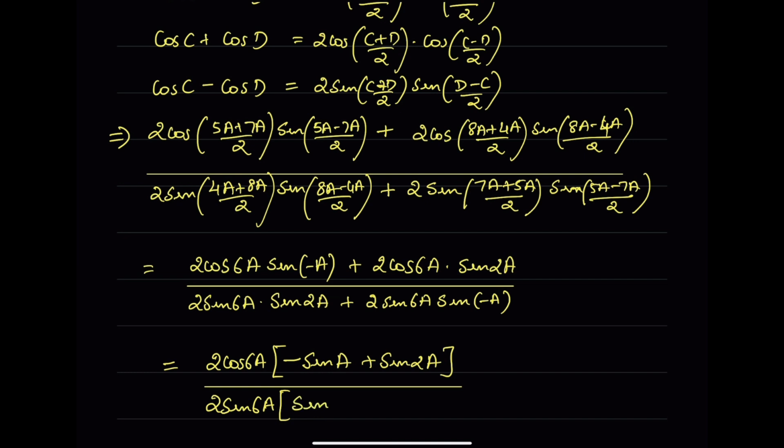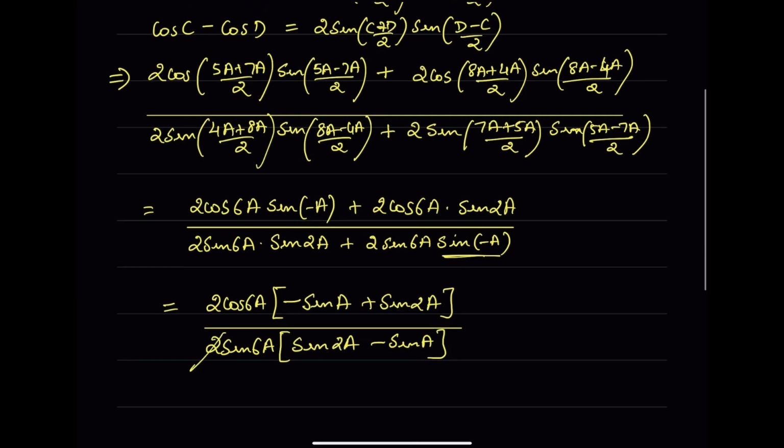So we have sine 2a, and sine of minus a is minus sine a. So we can cancel out 2 as well as sin 2a minus sin a. So the answer would be cot 6a. So this is how we can solve the first question.